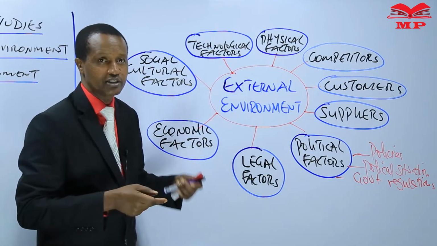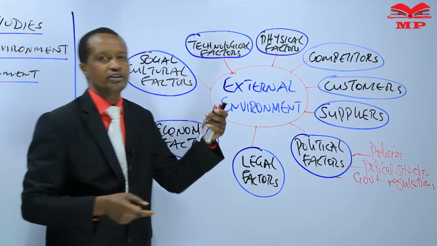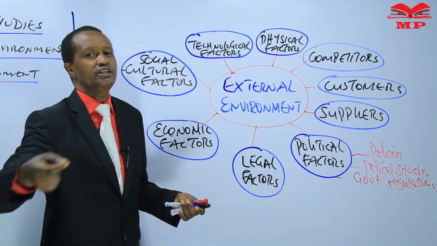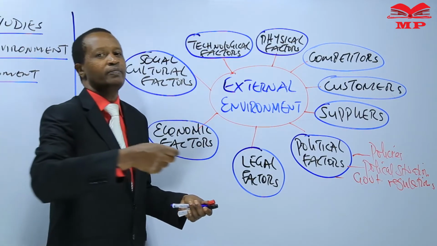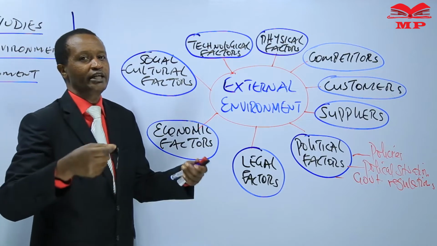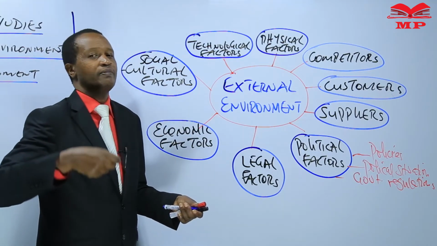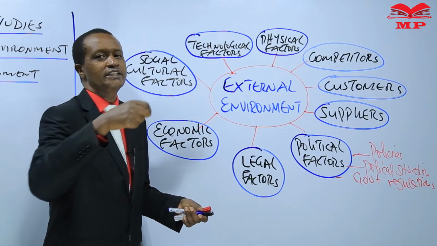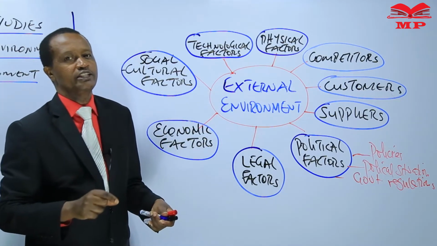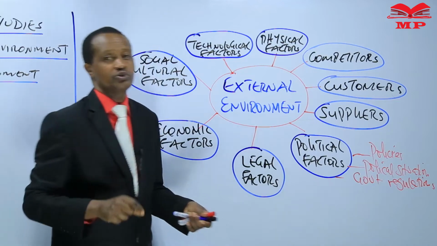That is the climate, the weather, and so on. For example, harvesting of tea, coffee, maize, and so on in Kenya is greatly affected by incidents of frosts, which damage tea and coffee plantations.